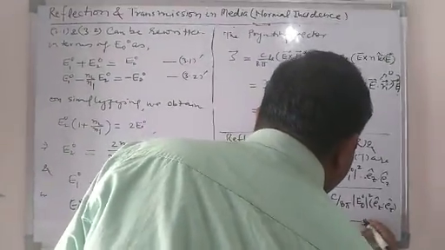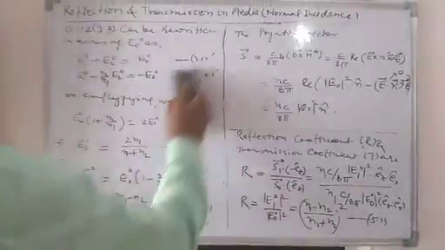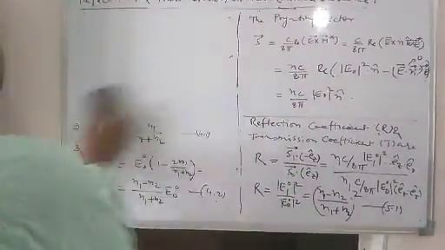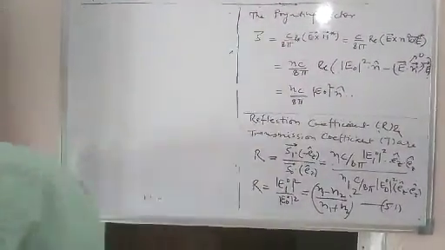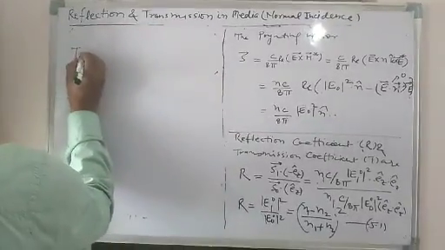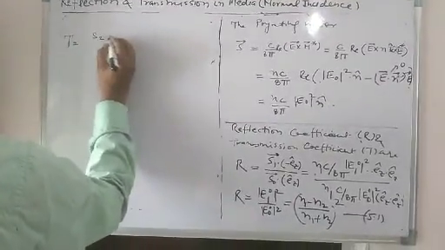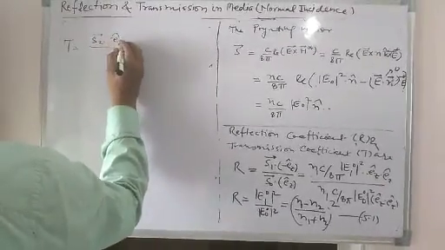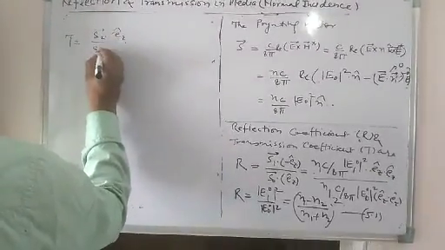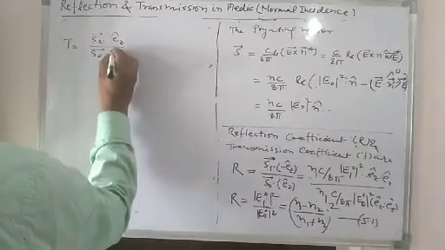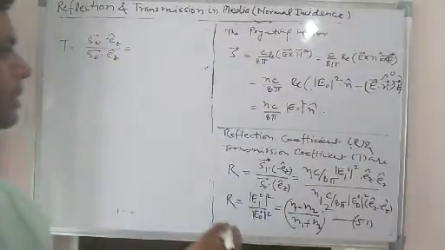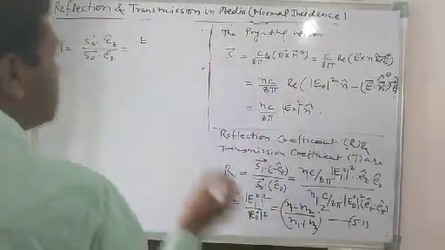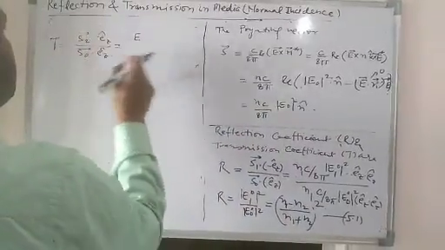So this is 5.1. Similarly, we have the transmittivity, which is equal to S2 dot n hat, again in the z direction, upon S naught dot Ez direction.